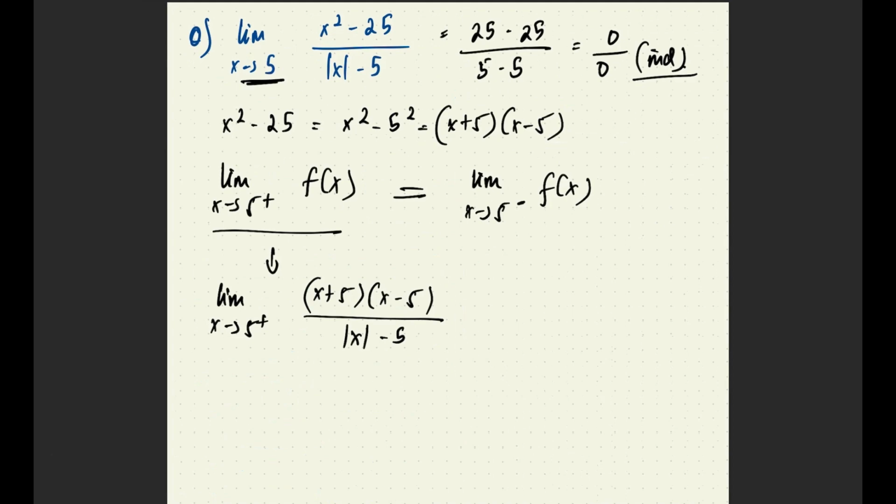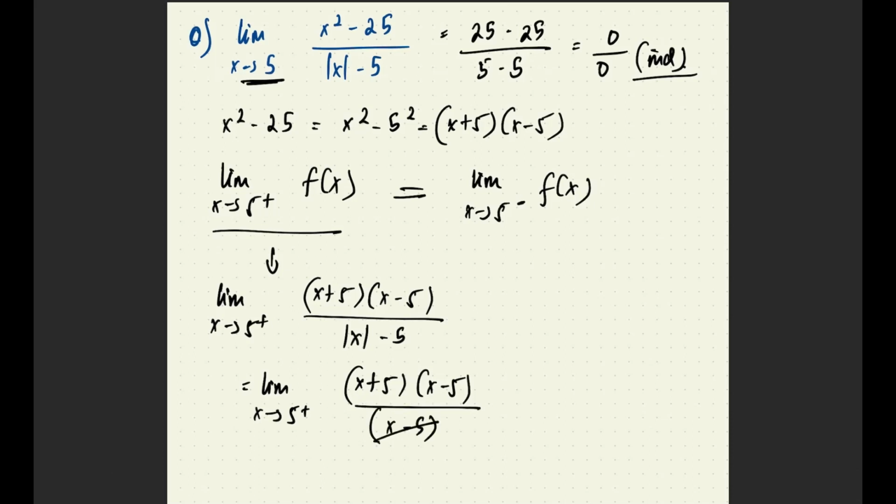So in that case, the absolute value of x is going to be equal to the same x. So here we can rewrite this as the limit as x approaches 5 from the right hand side of x plus 5 times x minus 5 divided by x minus 5. Now this and this will cancel out, and that leaves us with x plus 5. So that is just 5 plus 5, which gives you 10.